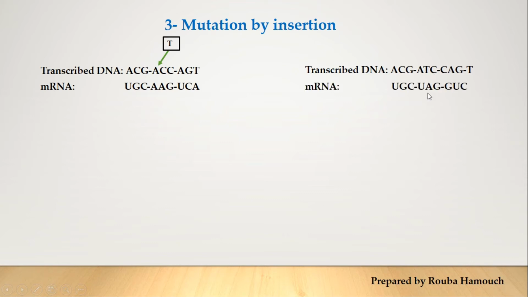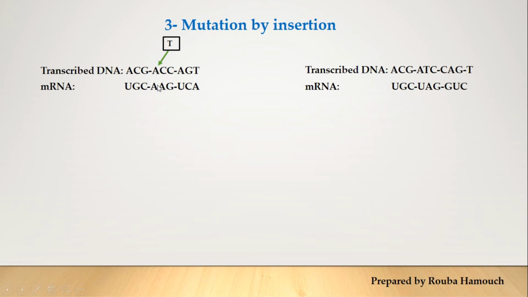The consequence will be the formation of three codons. The first codon is always the same. So the mutation by deletion and insertion doesn't affect the previous codons, but the following codons.